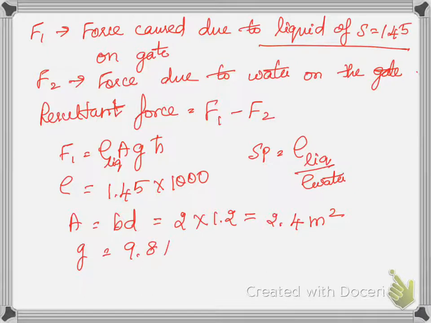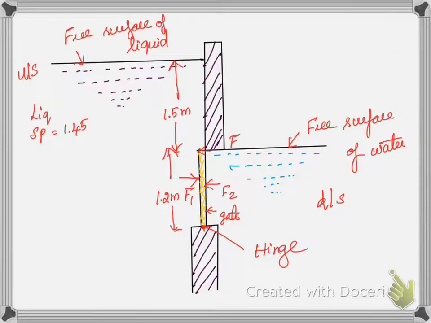Okay, so next I have to get the value of H bar. So what is this H bar? F1 is acting at the center of the gate. So I can take this value as 1.5 plus 1.2 by 2. Hope you understand. So F1 is acting at the center of the gate. Above the top of the gate they are having a liquid of height 1.5 meter.